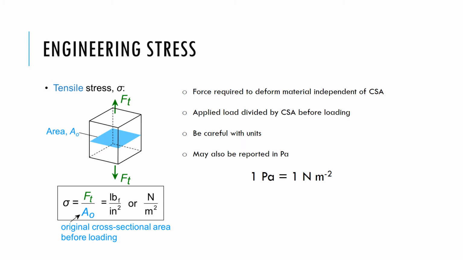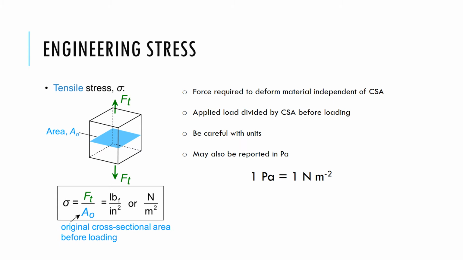Now if we took a tensile stress measurement and we were trying to work out the load that was required to deform those materials, we would expect a different result for every single copper rod on the previous slide. If I were to divide these measurements by the cross-sectional area of the material, then we would gain a consistent result for each rod, independent of its cross-sectional area.